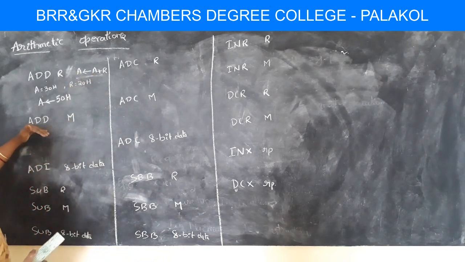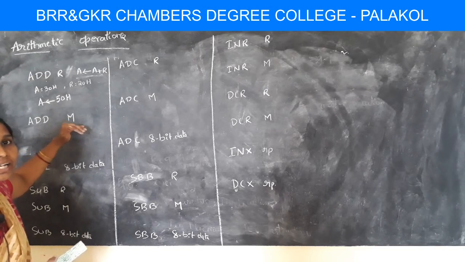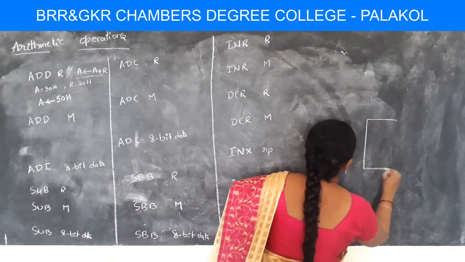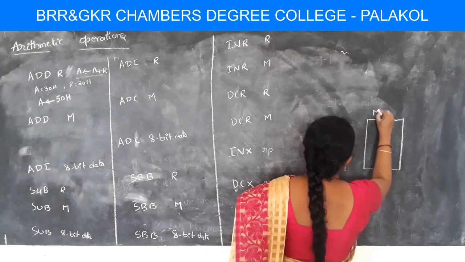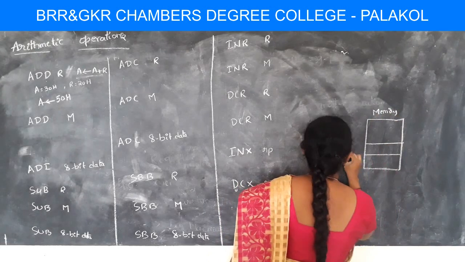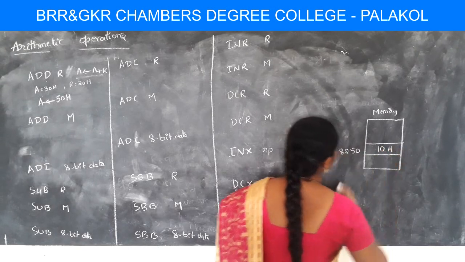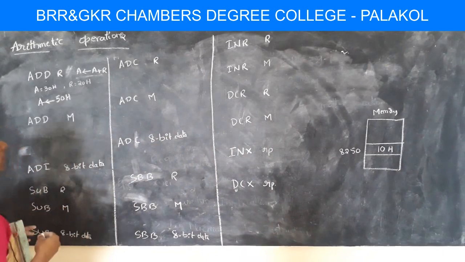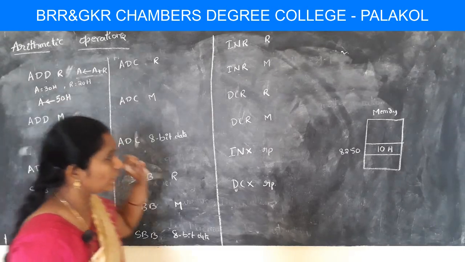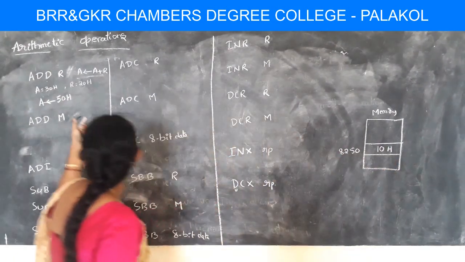And after that, ADD M. M always represents the address held in the HL register pair. Here this is a memory, and in this memory the address A250 holds 10H. Whatever data is in this address is added to the accumulator.